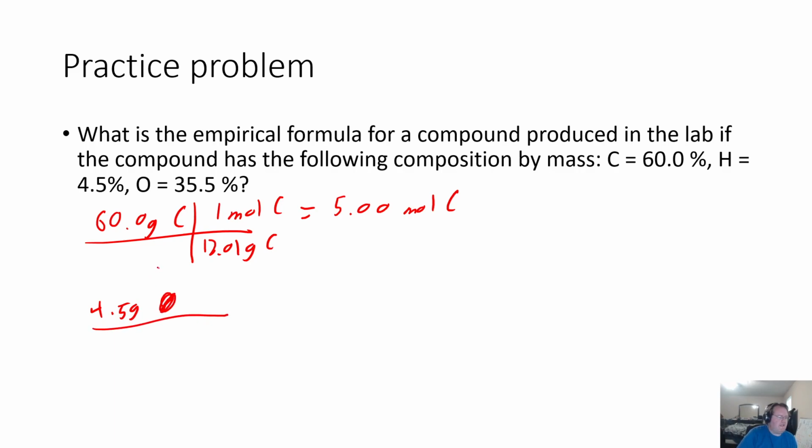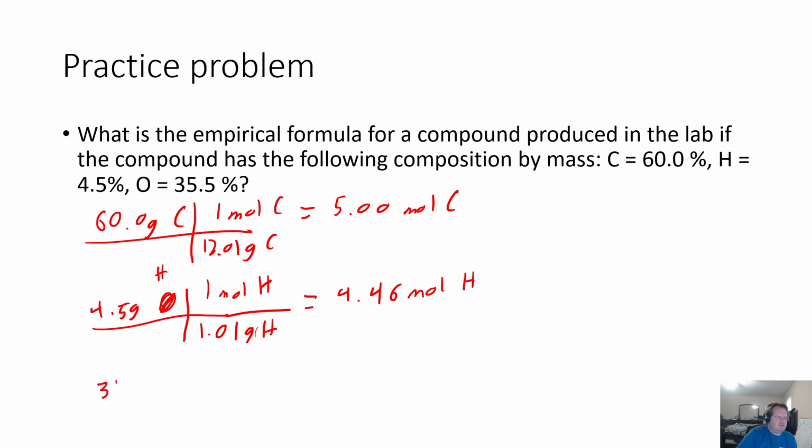Then we have 4.5 grams of hydrogen. And it's got a molar mass of, I'm just going to go with 1.01 grams of hydrogen. You can also use 1.008. They're both fine. I find going to 2 decimals in your molar mass is often plenty. 4.5 divided by 1.01 will be 4.46 moles hydrogen.